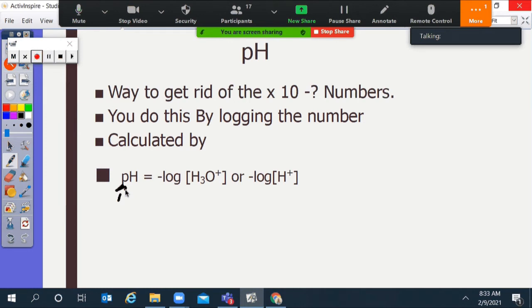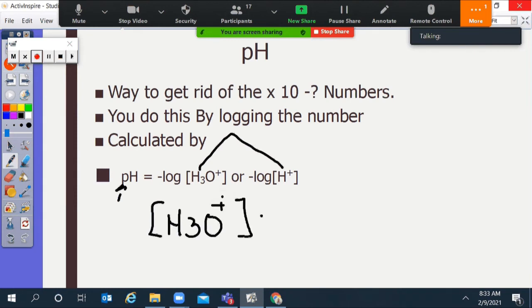pH is a measure of the concentration of hydronium or protons. They're both considered the same. Now you can take the inverse log to calculate the hydronium concentration.